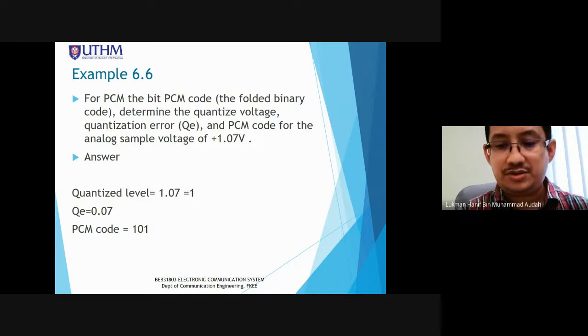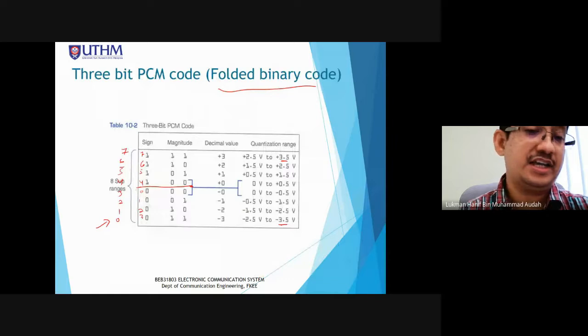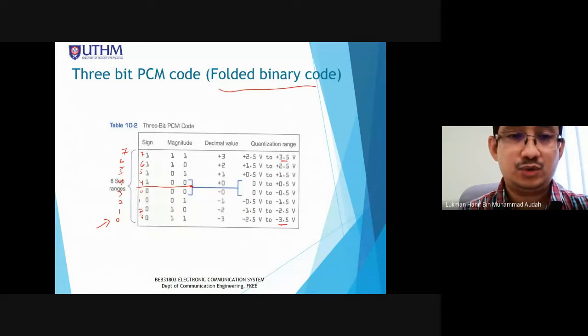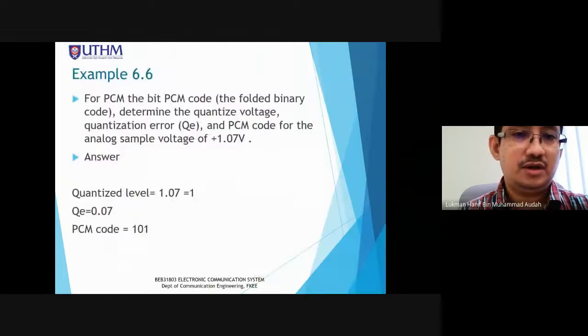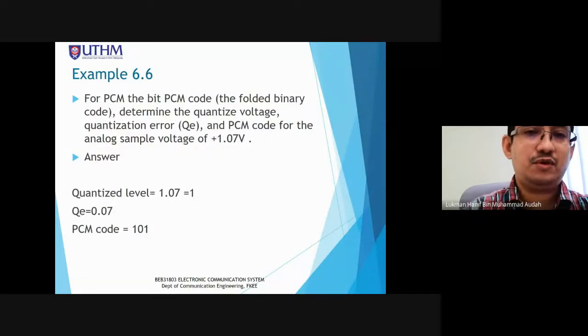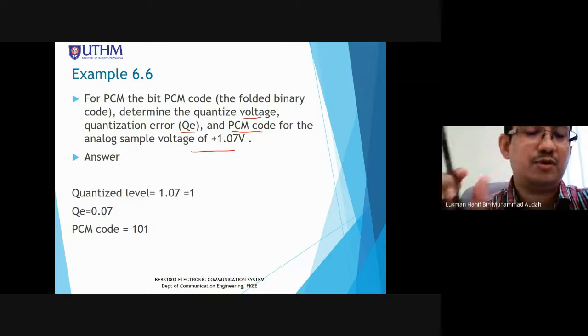Okay, this is for the example 6.6, folded binary yang inilah. Okay, contoh untuk yang ini. So if you see the question, for the PCM bit, PCM code, the folded binary code determine the quantized voltage, quantization error QE, PCM code for the analog sample voltage positive 1.07.